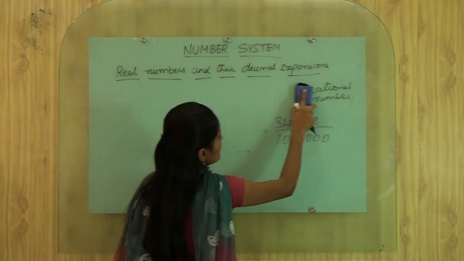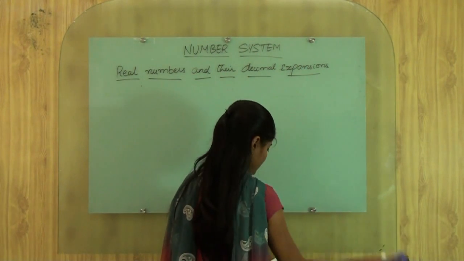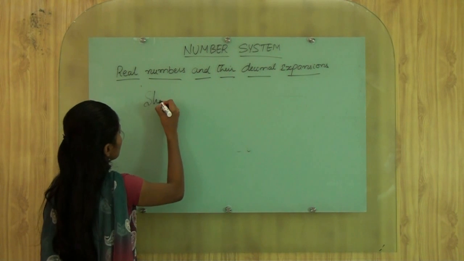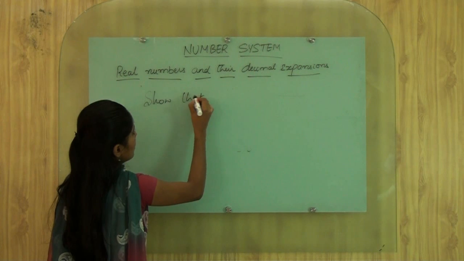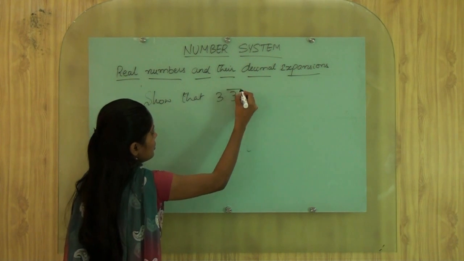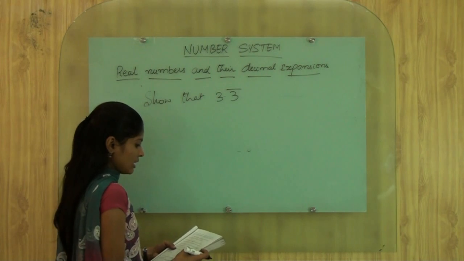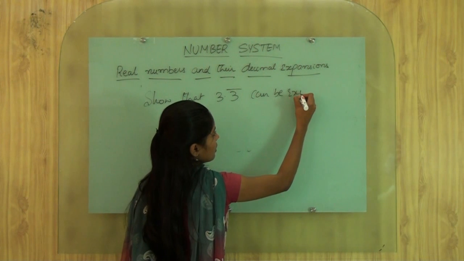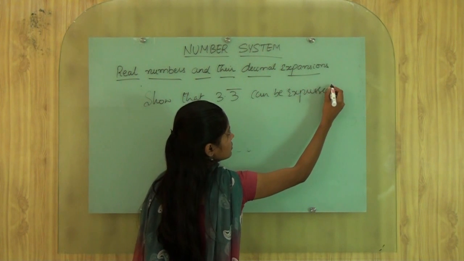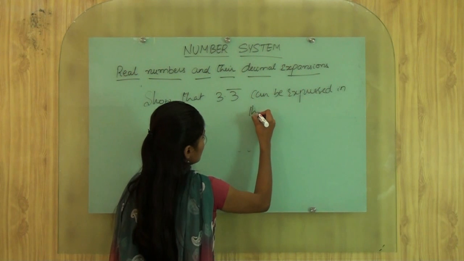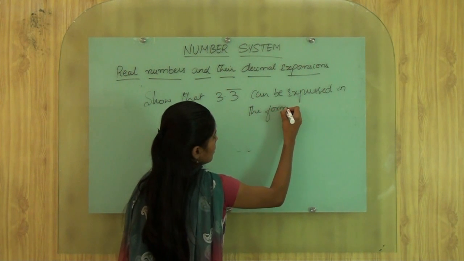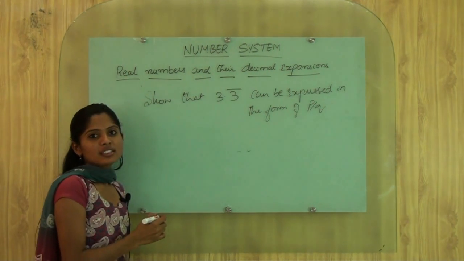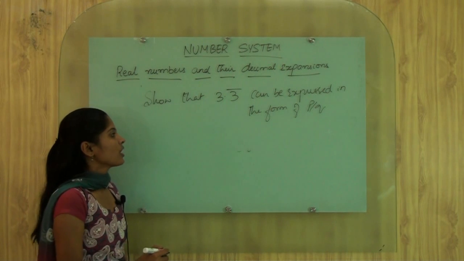Let's take one more exercise problem. Show that 3.3 bar can be expressed in the form of P by Q. How do you represent this in the form of P by Q?